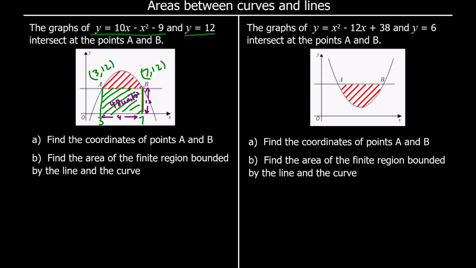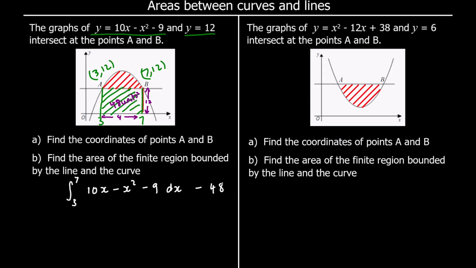So we'll integrate. We're going to have the integral between 3 and 7 of 10x minus x squared minus 9 with respect to x. That's going to give us that total area. And then if we take away 48 from that, we will be left with the area in between the line and the curve.